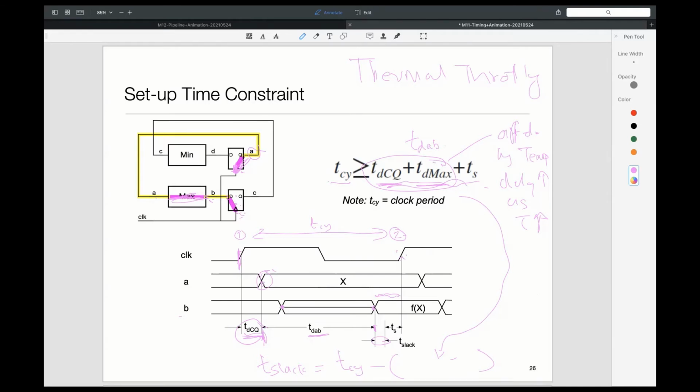So we are guaranteed that this much after the clock edge, B is stable. But B must become stable at least T sub S before the next clock edge. That is the requirement coming from the flip-flop. So this whole term must fit into one clock period, and therefore this right term must be less than the clock period.